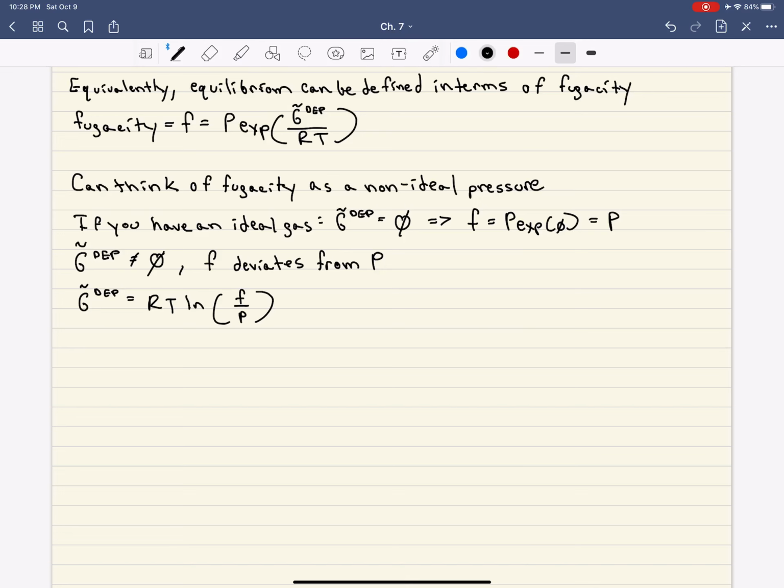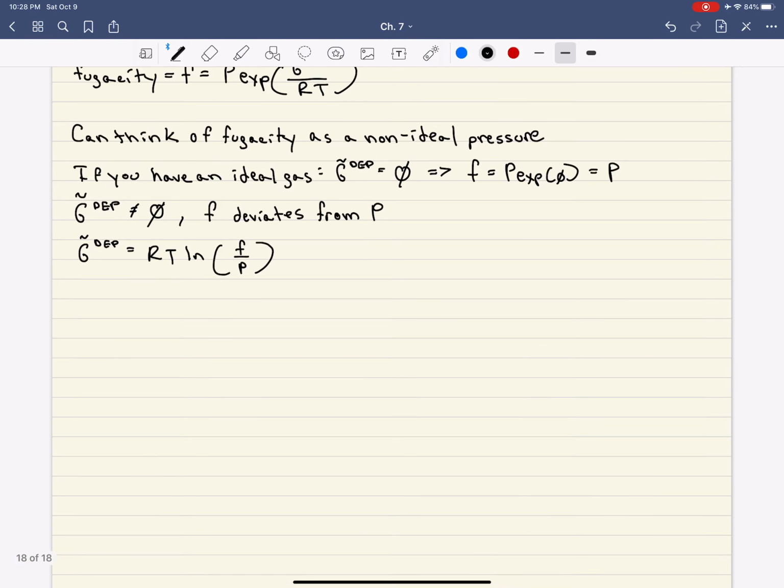And so, at equilibrium, we know that the g departure function for the vapor phase, which if we write in terms of fugacity is this, is equal to the departure function for the liquid phase, which is equal to this.